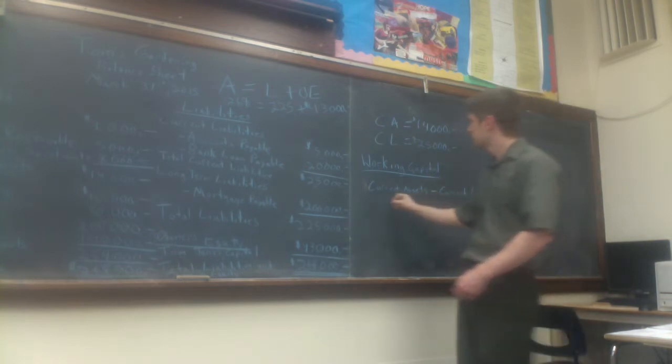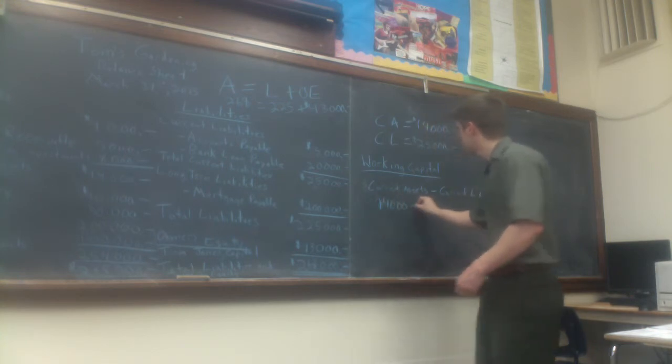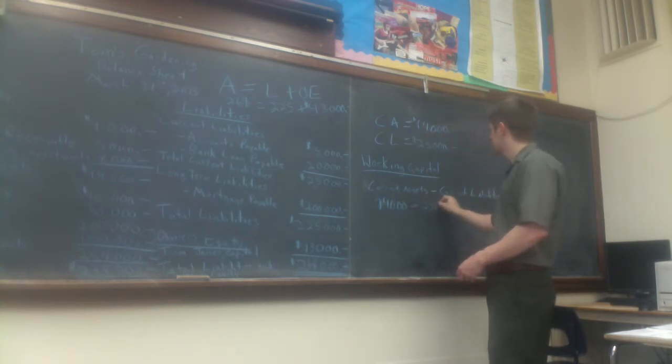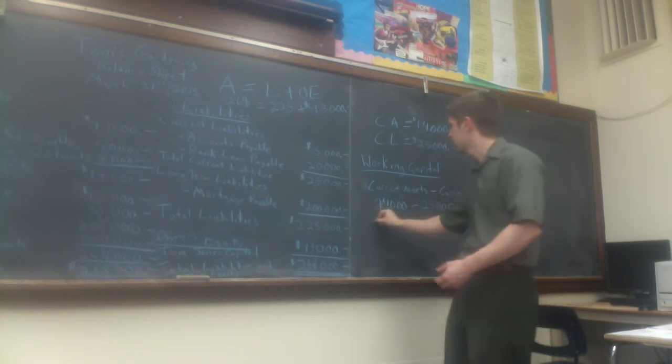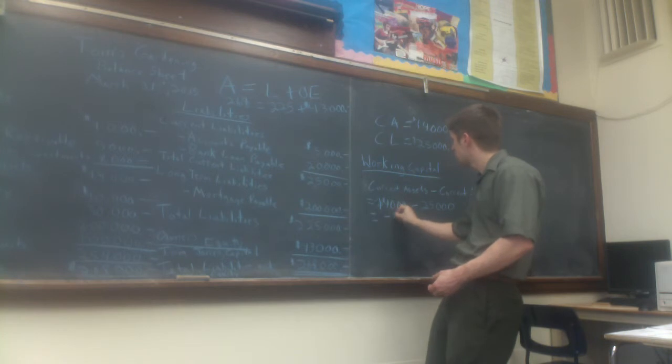In this case, assets first, 14,000 minus 25,000. That means our working capital is negative $11,000.